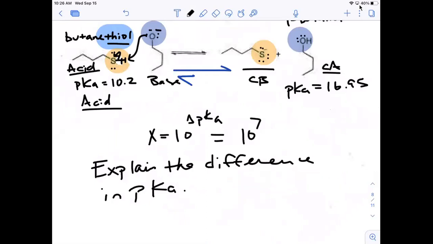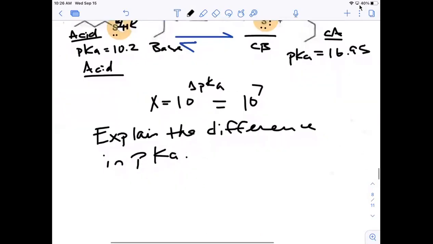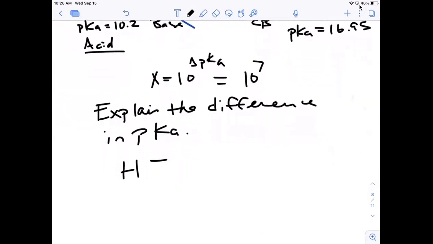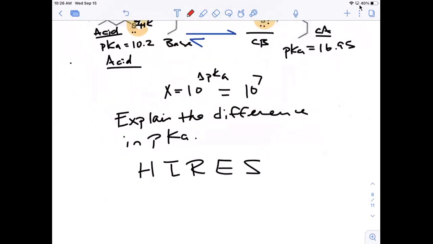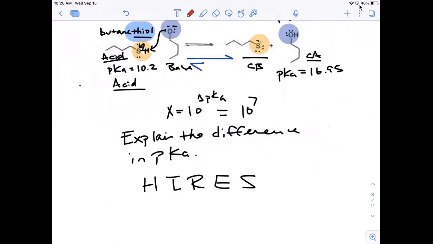Can somebody look that up, what the electronegativity is? 2.58. 2.58? Okay.